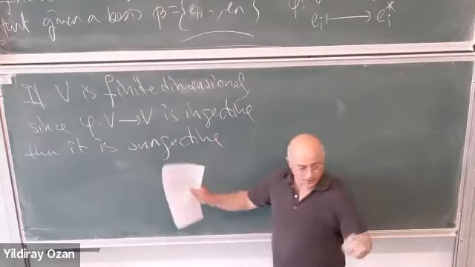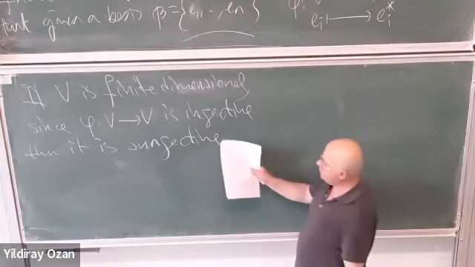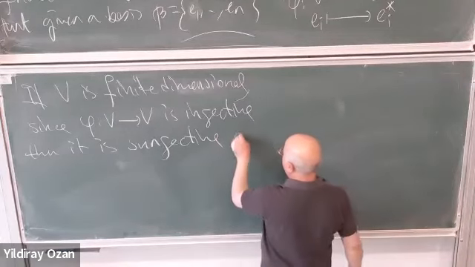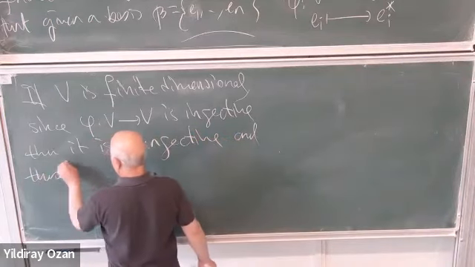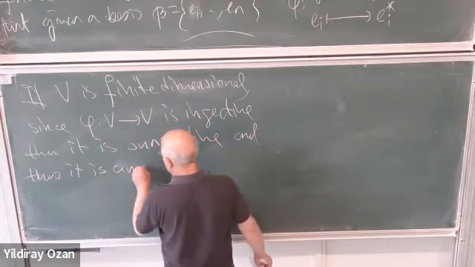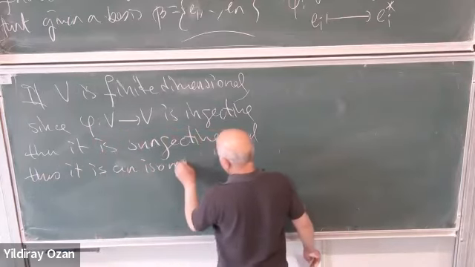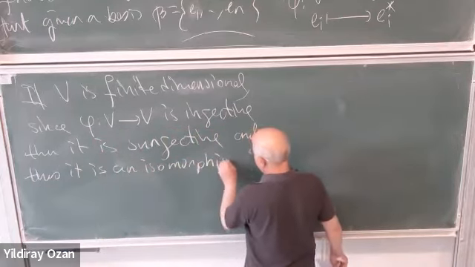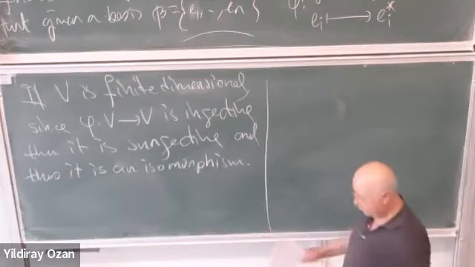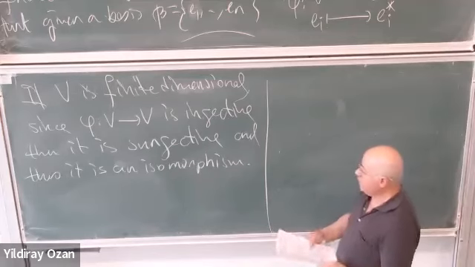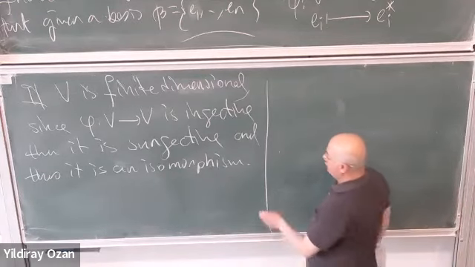If it is finite dimensional, then an injective map is surjective, and thus it is an isomorphism. Okay, it's an isomorphism. So this finishes the proof.